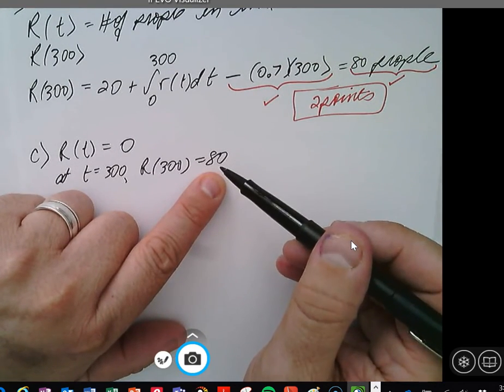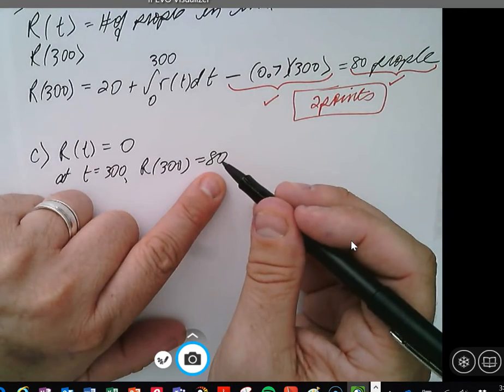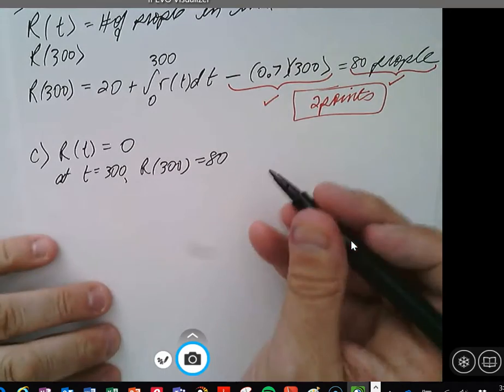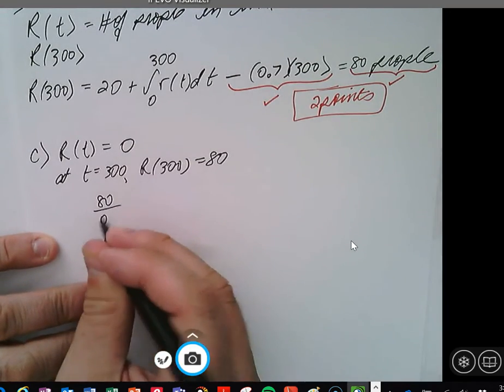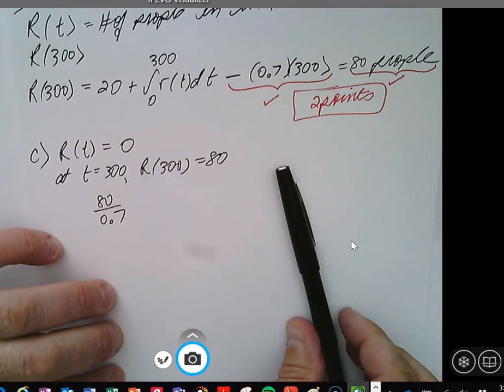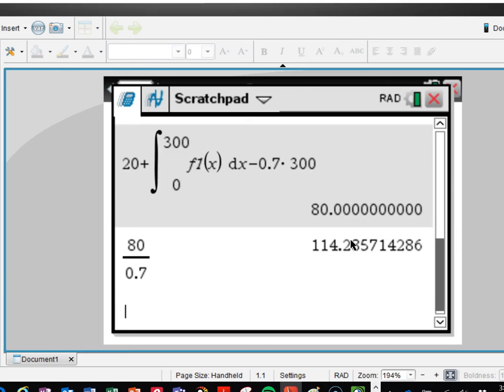What happens is those people get onto the escalator, they get out of the line at a rate of 0.7 people per second. If I take 80 and divide it by 0.7, I can go back over to my calculator, 80 divided by 0.7 is 114.285.